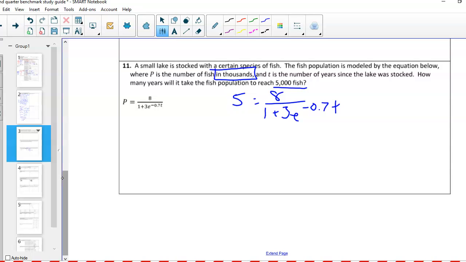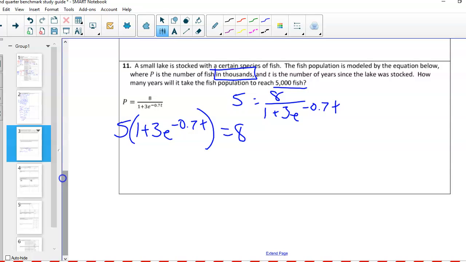Now we're trying to get t by itself, so we need to multiply this entire denominator to 5. From here you have two different options. You can either start by dividing by 5, or you can distribute.